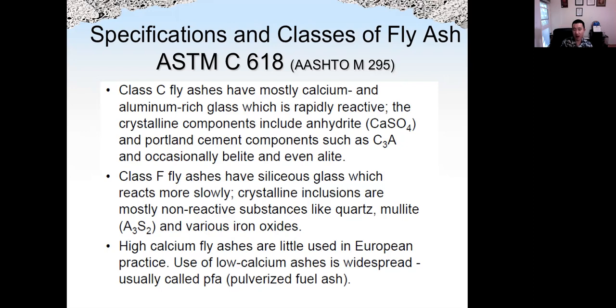They will specify the requirement for 7-day strength or 28-day strength for concrete, for example. And the Class F fly ash has glassy phase, which reacts more slowly. Crystalline inclusions are more non-reactive substances, such as quartz. So the more glassy phase, the better.